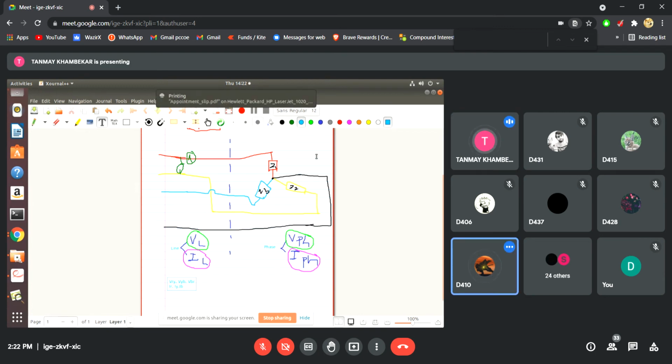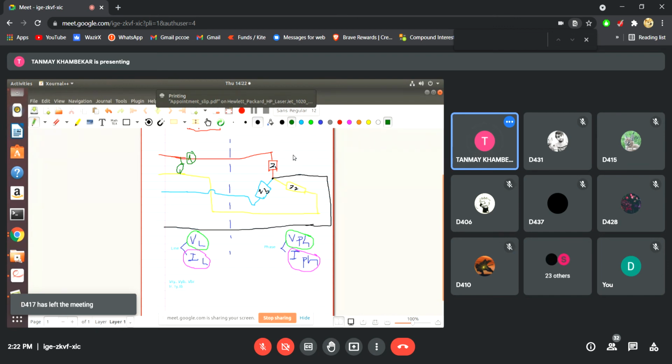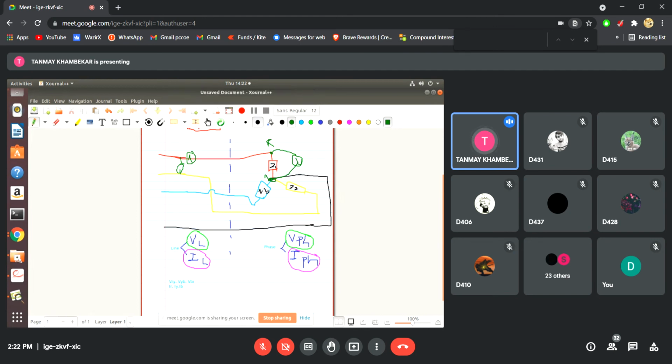Yes, ma'am. And on this side, first I will connect a voltmeter. The voltmeter is connected across. So one end of the voltmeter is connected here to the R terminal, another end is connected here to neutral. So this voltage is called VRN. One end to R, another end to neutral.